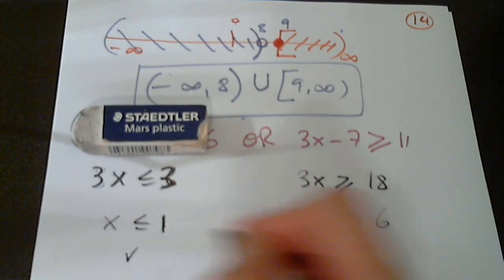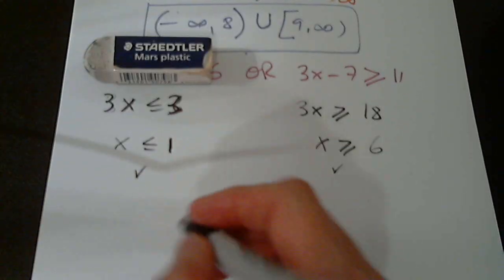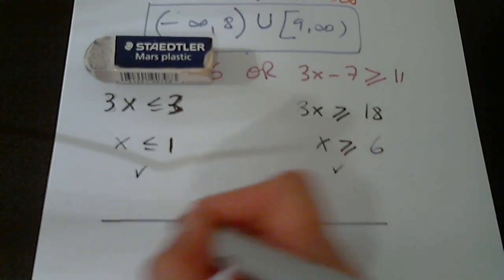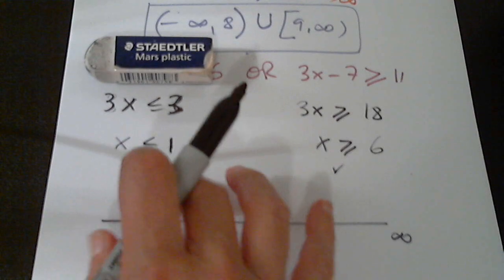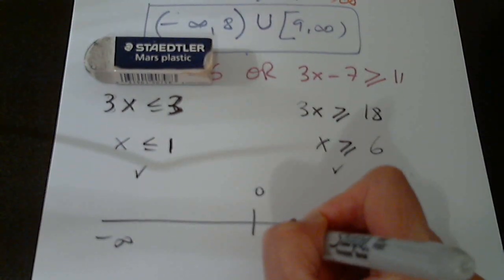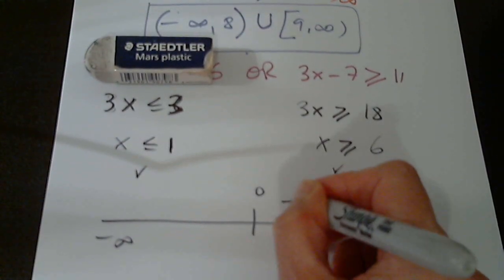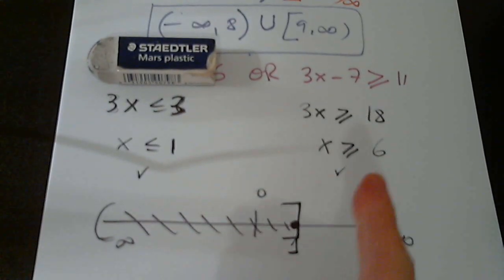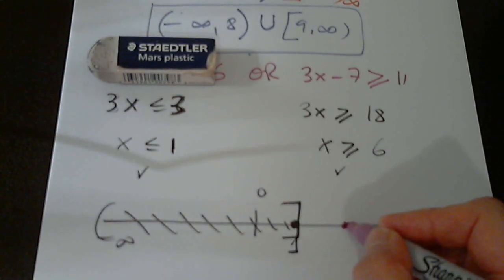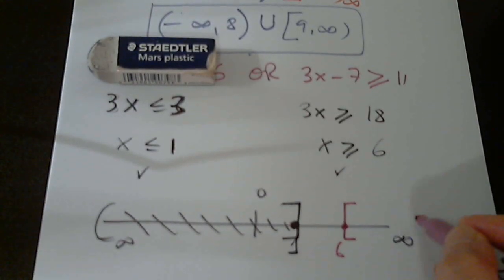Excellent. Now these two are solved. Now I'm ready to put them on the number line or real line. Okay, x less than or equal to 1. Bracket, negative infinity to 1. This one says 6 to infinity. Bracket.